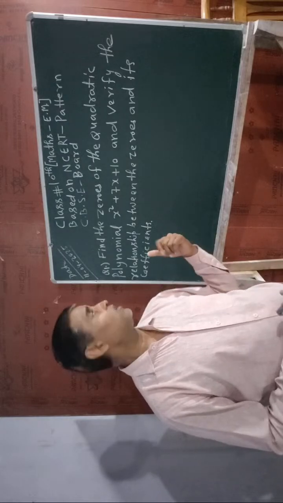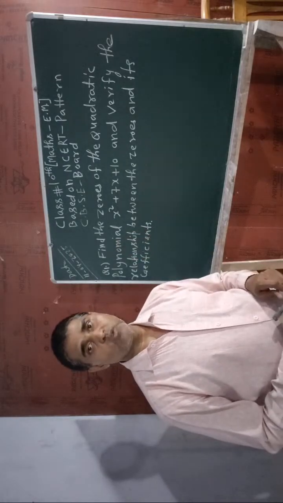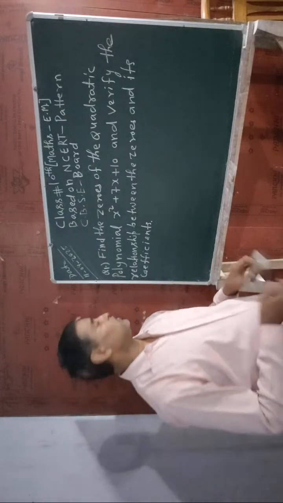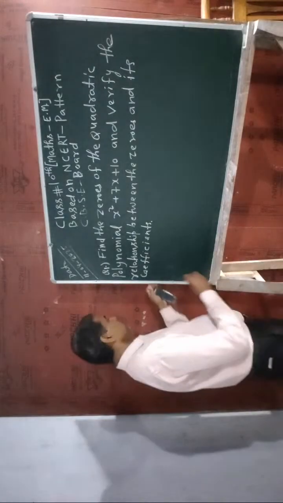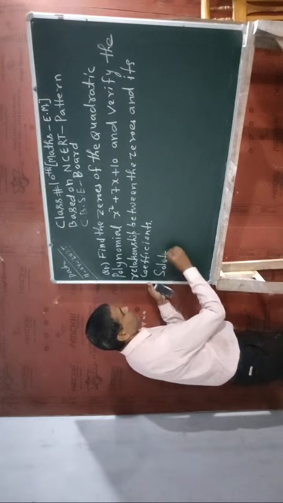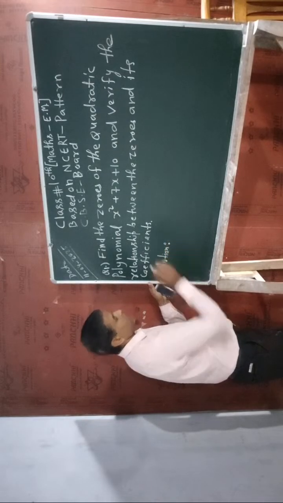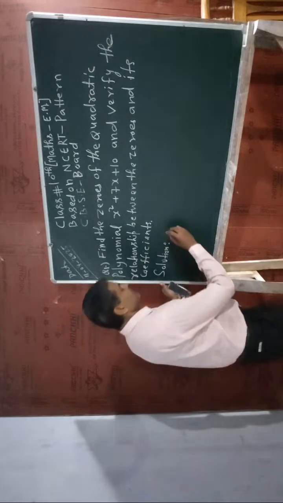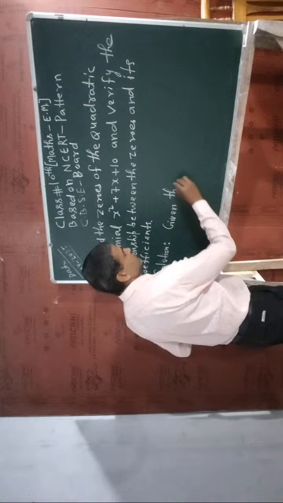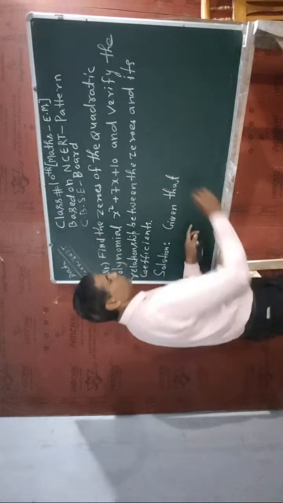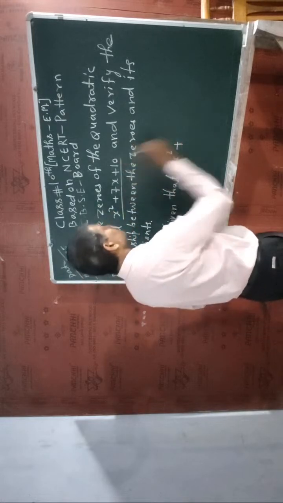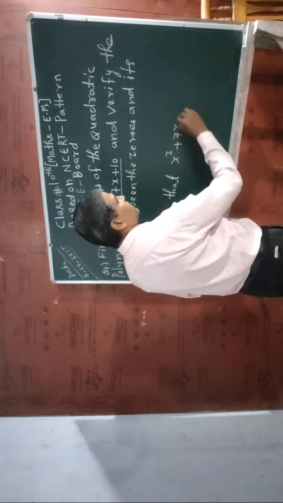First of all, I will solve this quadratic polynomial to get the zeros. Okay, students, concentrate now. I am going to give the solution of this question. First I will write here solution, and then the given information. Given that one quadratic polynomial is available in the form x squared plus 7x plus 10.